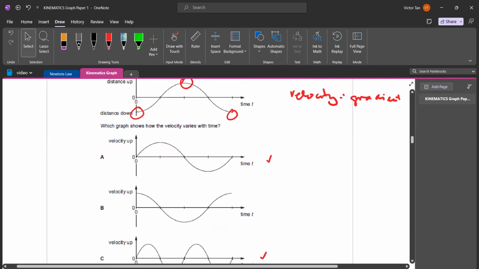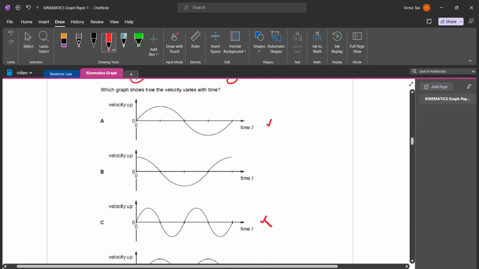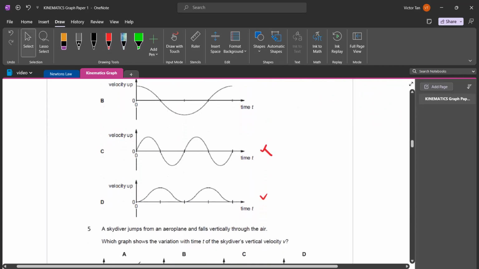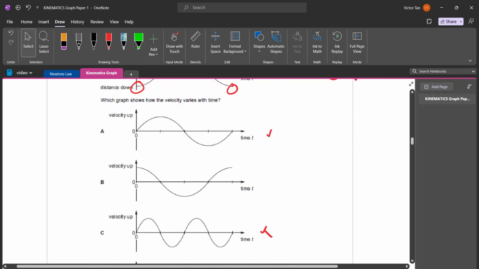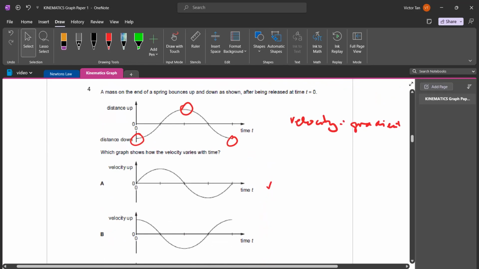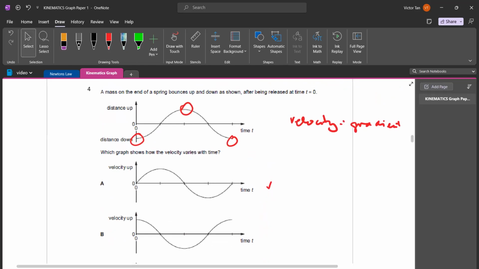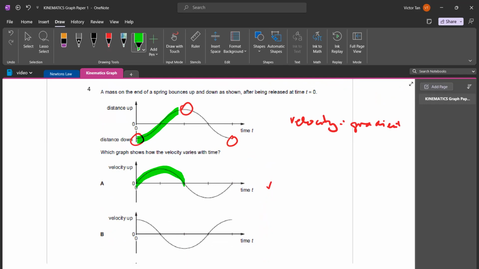So this is not possible. This is possible. It's an oscillating spring where the velocity is positive and negative. In this part of the graph, gradient positive, velocity positive.